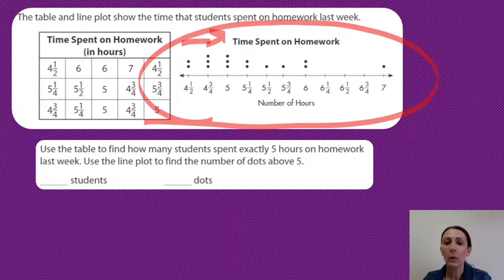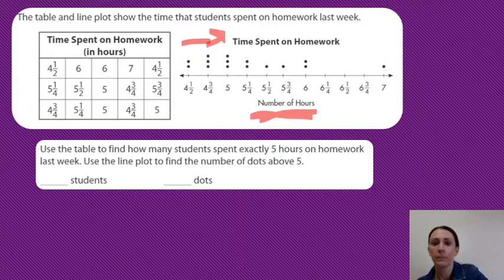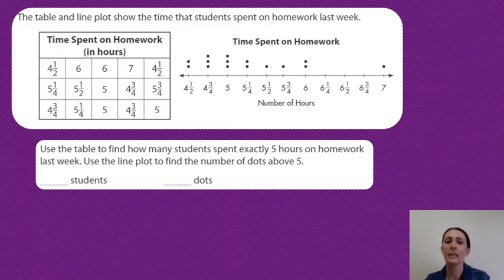And I know that time is measured in hours because of the label underneath. It says number of hours. So the question is asking us, find how many students spent exactly 5 hours on the homework last week.